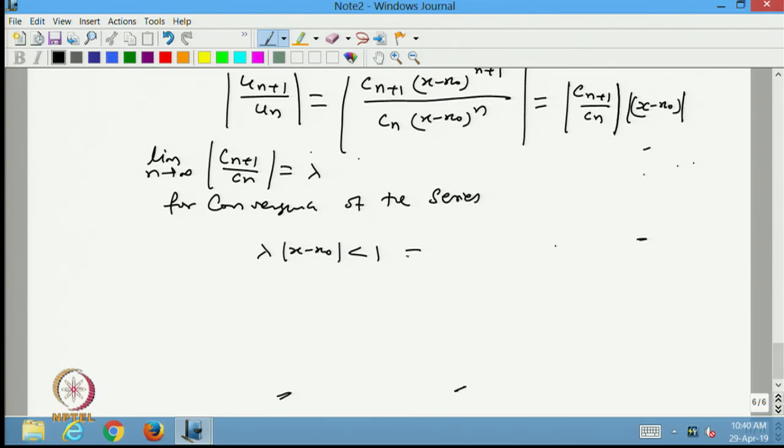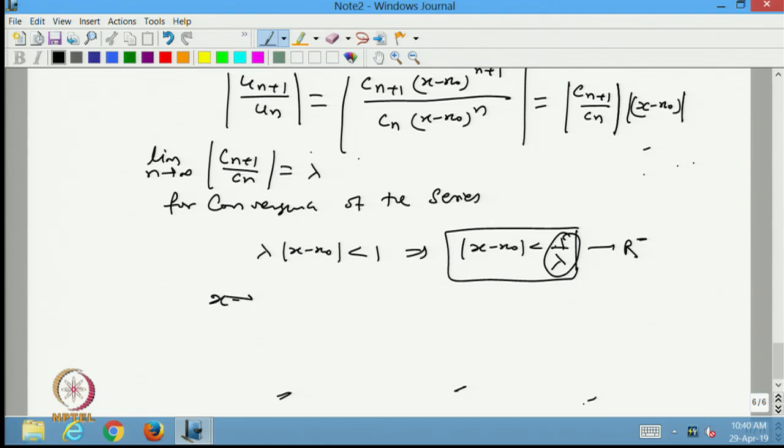So, from here I can say that modulus of x minus x naught will be less than 1 over lambda. This factor I call R. So, I can say that the modulus value of x minus x naught is less than R.